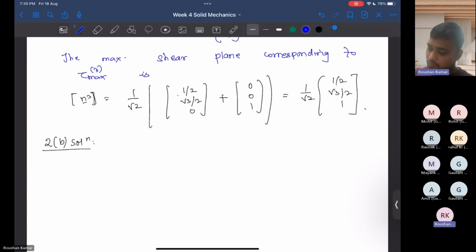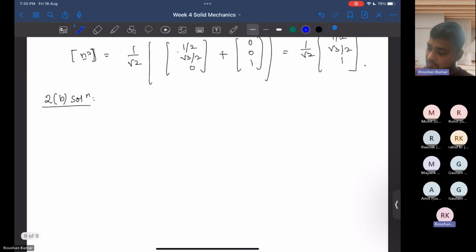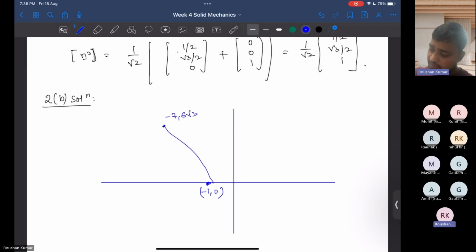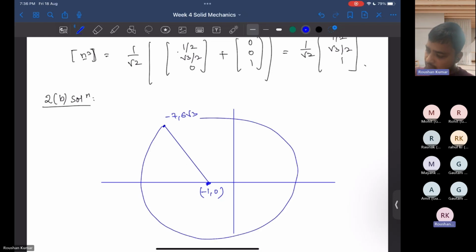So I just draw one more circle here to better understand. This is -1, 0, and this is somewhere -7, 6√3, and this is your radius. And through this we draw the Mohr circle.